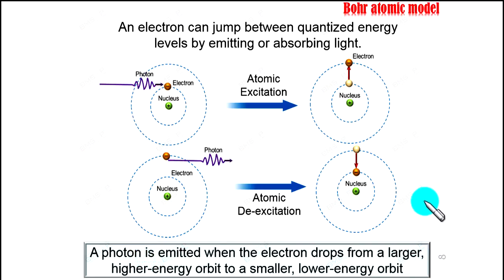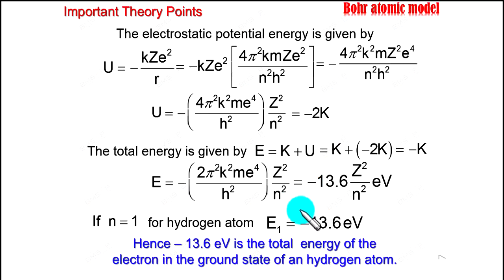Let us calculate this energy. We know the energy of an electron, or you can say energy of an atom corresponding to nth orbit, is given by minus 13.6 Z square divided by n square in electron volt. Suppose the electron was initially at a higher energy level and it is returning back to the original level.